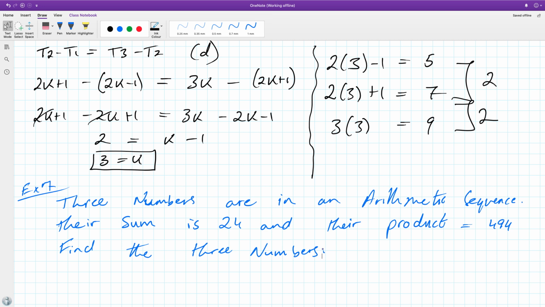What's the problem though? We're still going to be left with something. We know n is what for this? 3, because it's the first three terms. We're going to be left with a, we're going to be left with d.